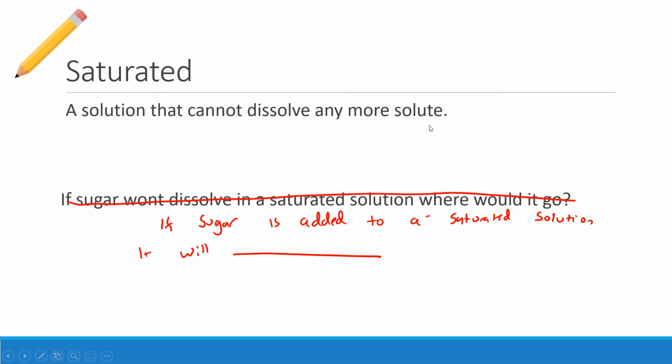Yeah, it will chill. It will just chill the bottom. I was going to go sink to the bottom, but yeah, chill will do.